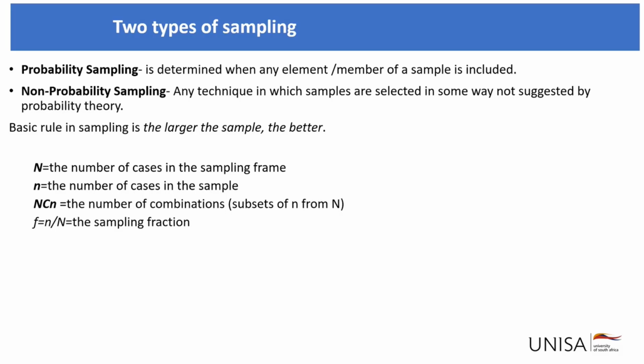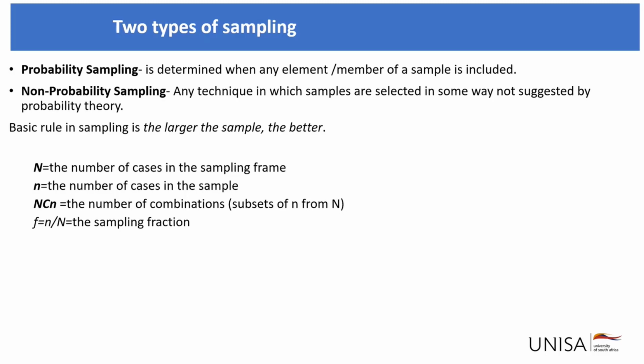Non-probability sampling is any technique in which samples are selected in some way not suggested by probability theory. So basically, non-probability is the opposite of probability. So not everyone stands a chance to be selected in non-probability sampling.